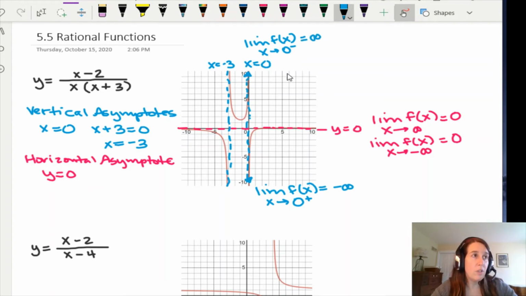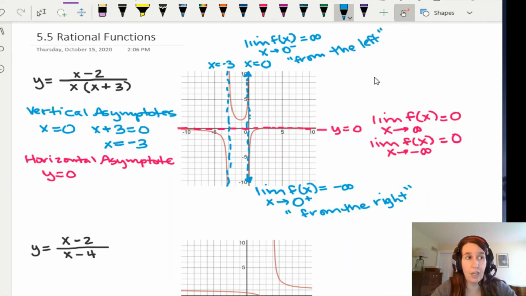Okay, so when we use the little plus sign, the words are from the right, also from the positive side, with the arrow towards 0 from the right. This one is from the left, or negative side, of 0.